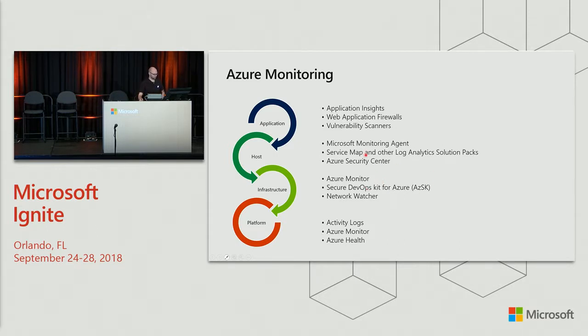The same with the monitoring agent side, the same with the application side, the web application firewall, the vulnerability scanners that you might have poking your application from the outside. All of this data is noise. All of this data is some sort of information that you need to get in a place and query, and by default that one place should be common across your whole organization. And of course, natively on the Azure side, that's the log analytics part.